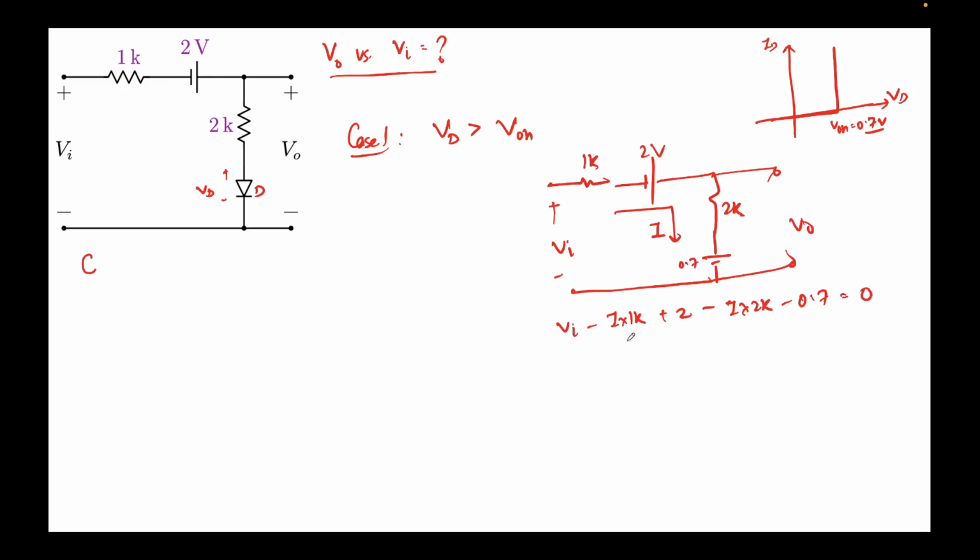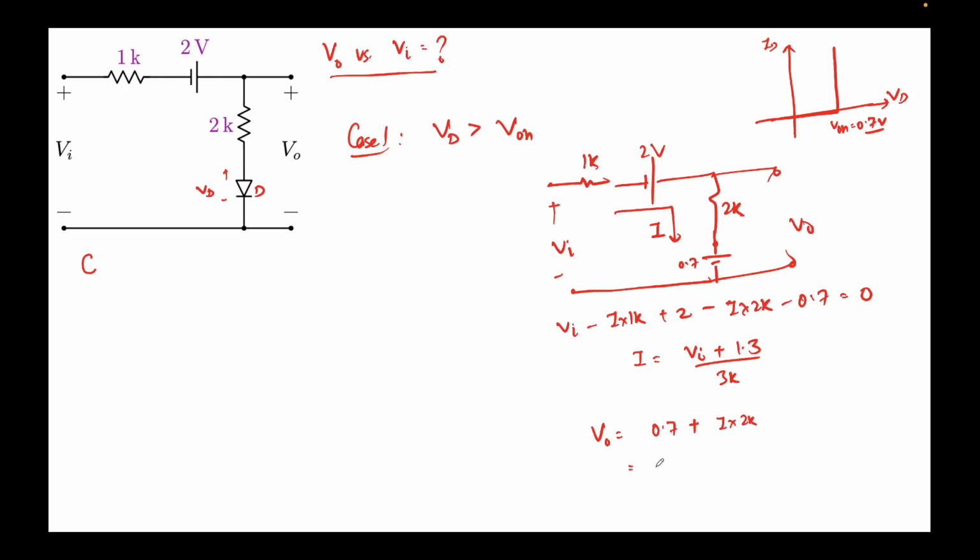If I solve this, I'll get I equal to Vi plus 1.3 over 1K plus 2K, which is 3K, since 2 minus 0.7 is 1.3. This is the current that I have obtained, and now I can say that V naught is, since this voltage is 0.7, by applying Ohm's law across this, or you can apply KVL however you want, V naught equals 0.7 plus I times 2K.